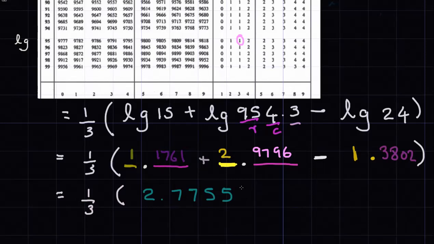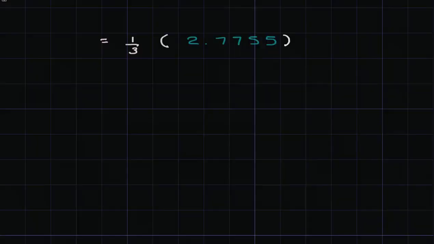So you've got to find out what's 1/3 of 2.7755. So how do we find what's 1/3 of 2.7755? 1 times 2.7755 gives the same thing, so it's 2.7755 divided by 3.